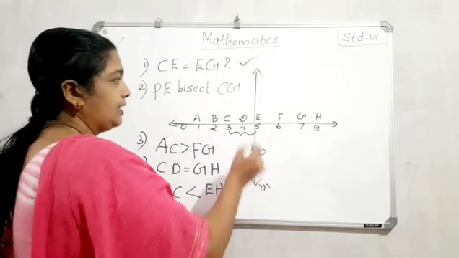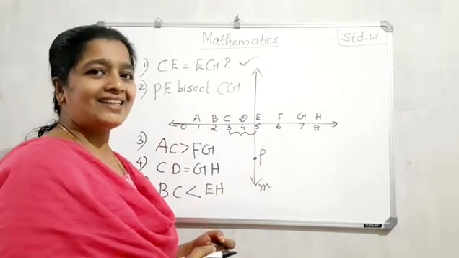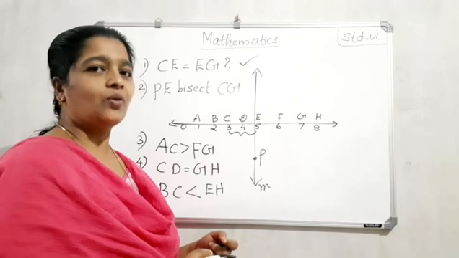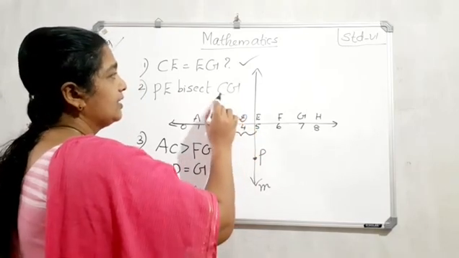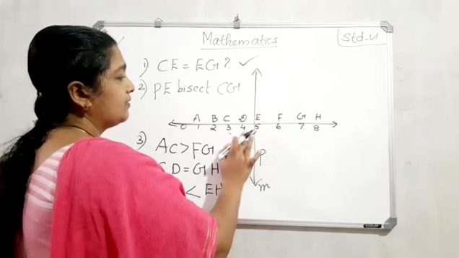Next question. PE means this line. Bisect means it is divided into 2 equal parts. Does PE bisect CG? We can check.